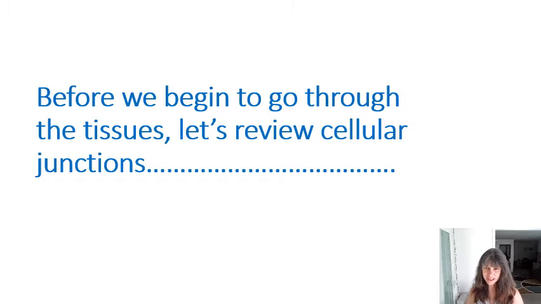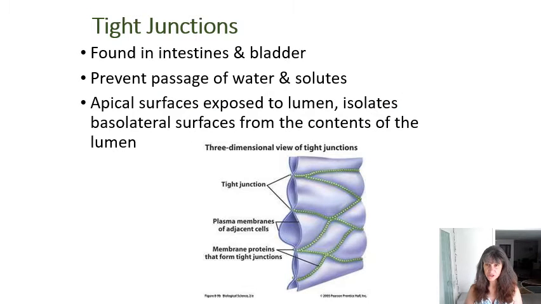Before we go further into tissues, let's look at cellular junctions, understanding that a junction is simply where two or more things are joined together. Tight junctions are special junctions that are formed between cells in certain areas of the body where the adjacent membranes of the cells are literally knit together by membrane proteins, which we can see in this picture.